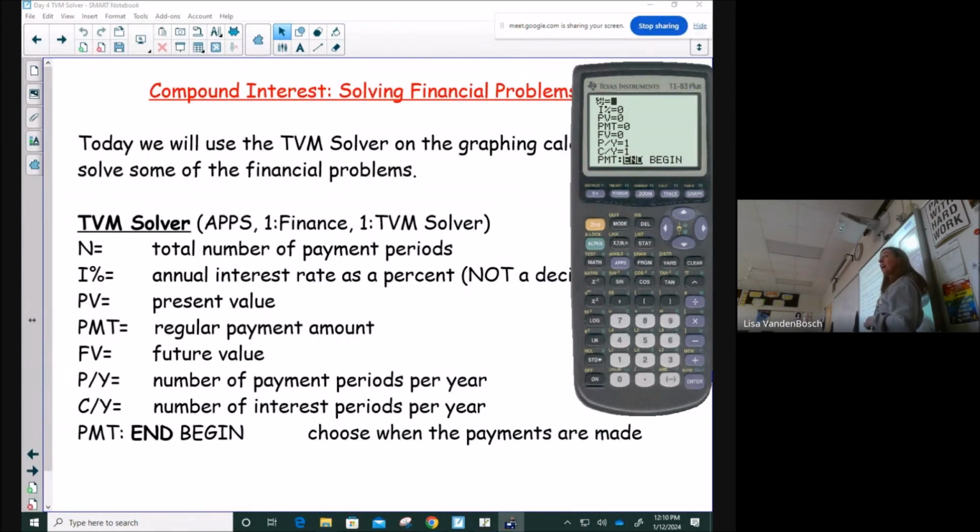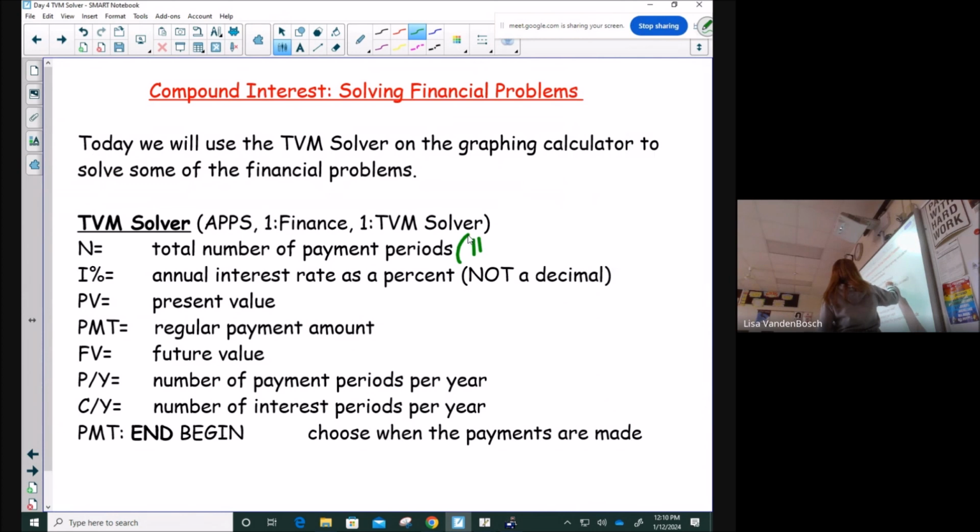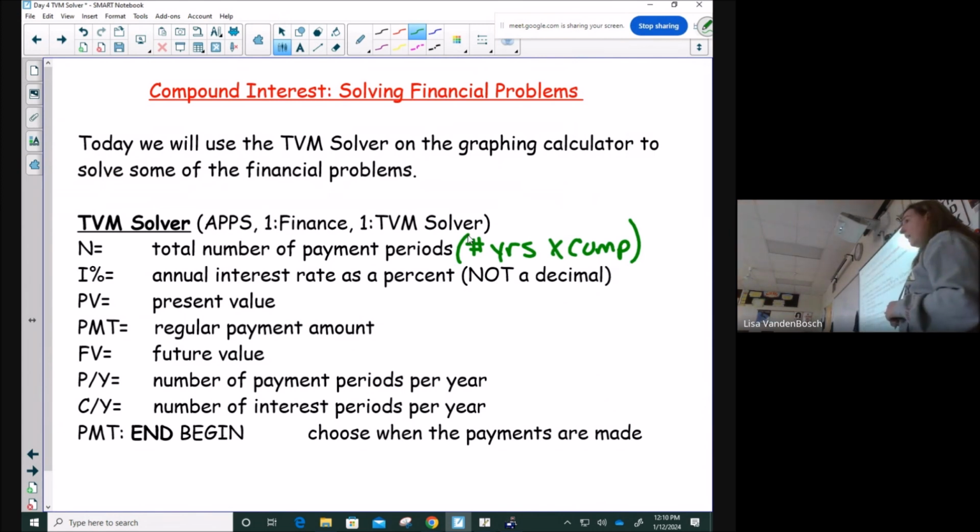Number of years times by compound. That's for N. Just a little reminder like that. If it's compounded semi-annually, we would take our years times it by 2. If it's compounded monthly, we would take our number of years and times it by 12.